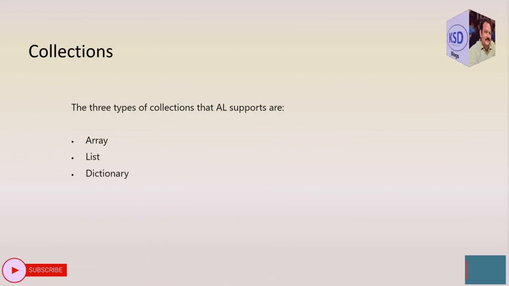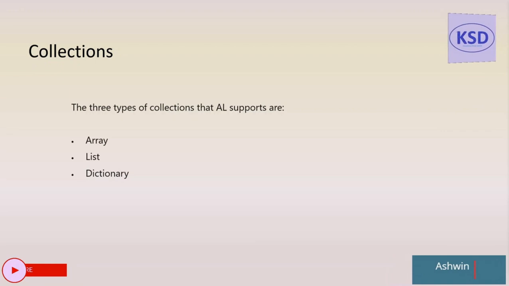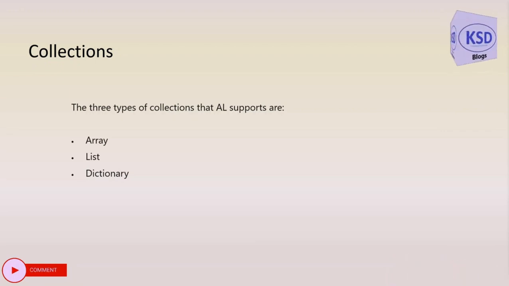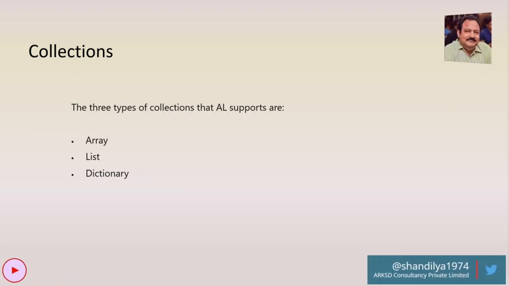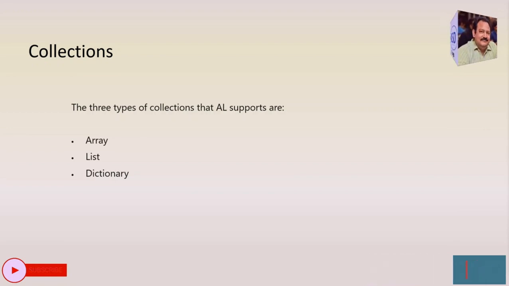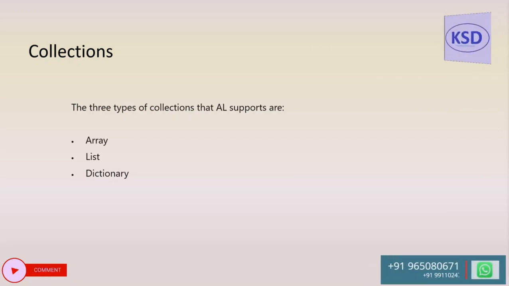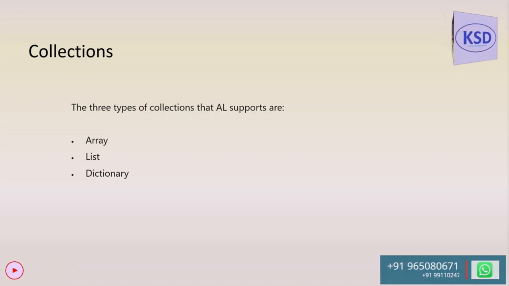So now we come to our collections. Basically in AL, we have 3 types of collection. A collection is a complex type that contains multiple values in one variable. All of those collections are strongly typed, which means that you can't have values with different types in the same collection.